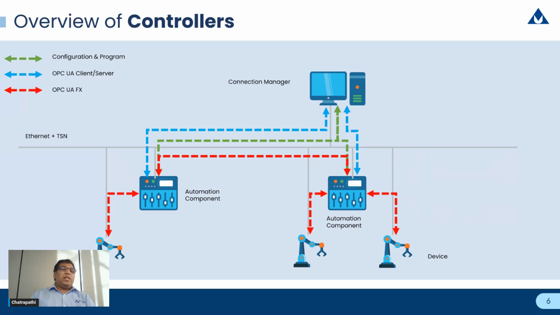And then based on the pre-configured connection information, these controllers will start exchanging the data over PubSub directly with each other. So this enables an interoperable and seamless controller-to-controller data exchange, especially deterministic data exchange.